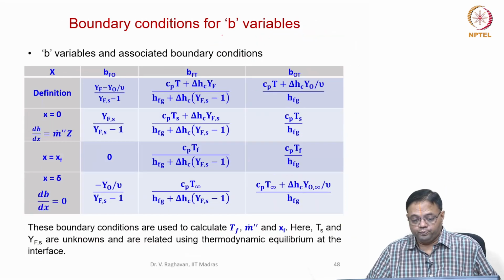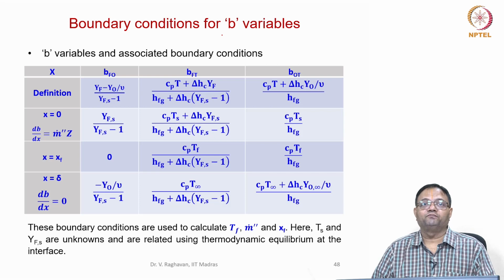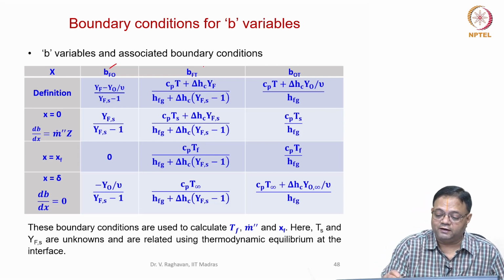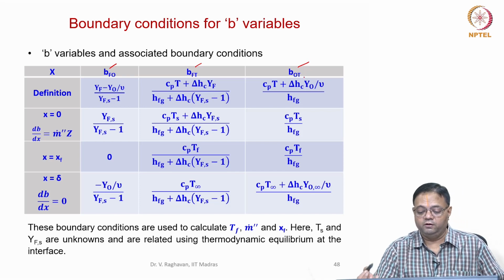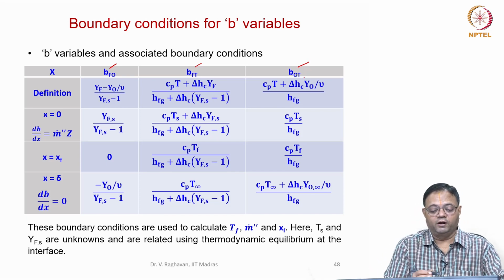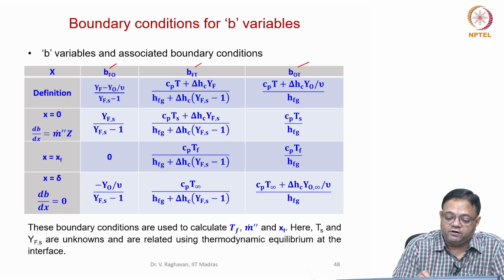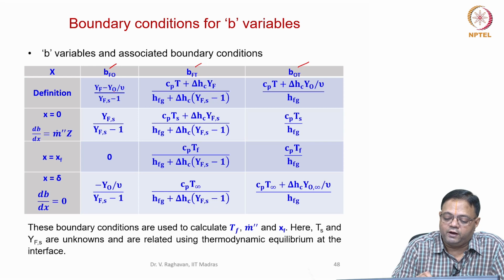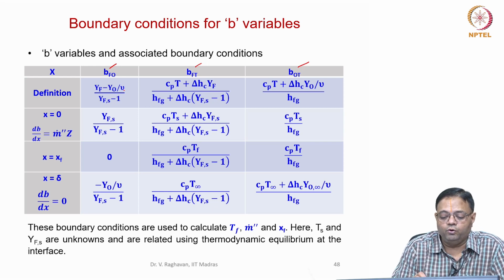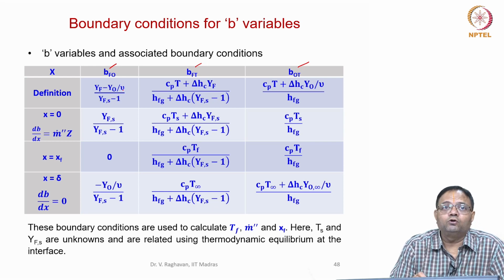Now, I need boundary conditions for the B variables, the conserved scalar variables BFO, BFT and BOT. Just use the boundary conditions. So, what is the definition of BFO? Please understand that BFO we have defined as YF minus YO by nu, but I want to normalize this.